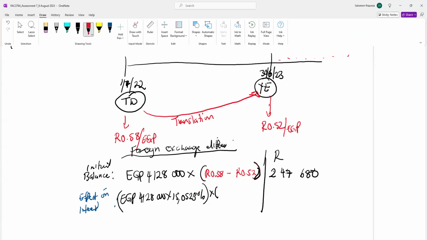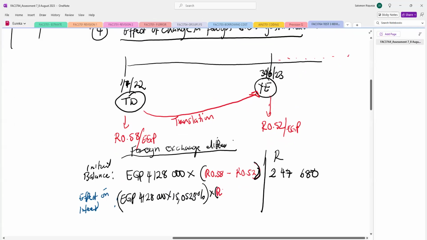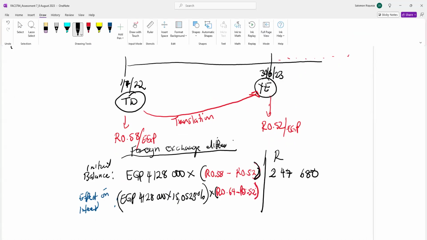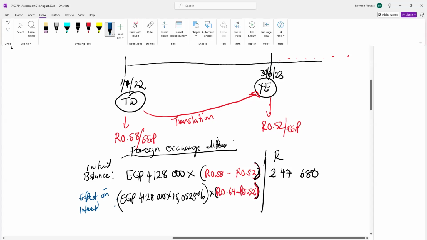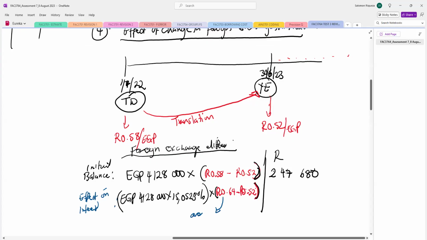Remember here we use the average 64, and now it is 52. Here I use the average. Let me just write it also so that somebody does not get confused. Usually on interest, we use the average.